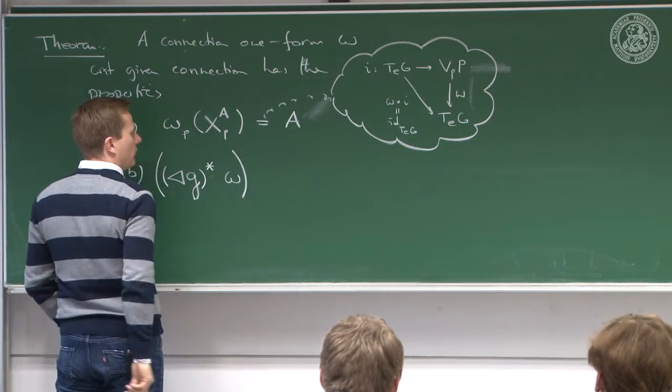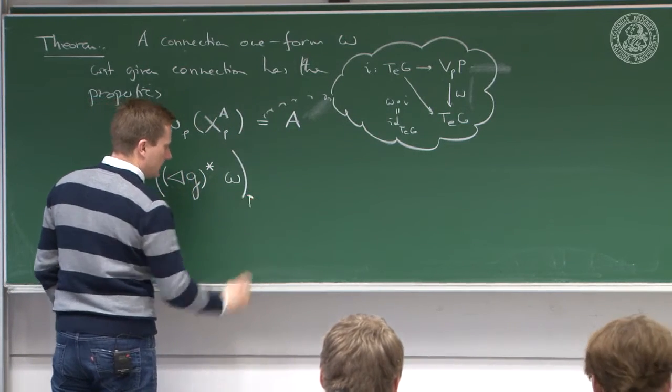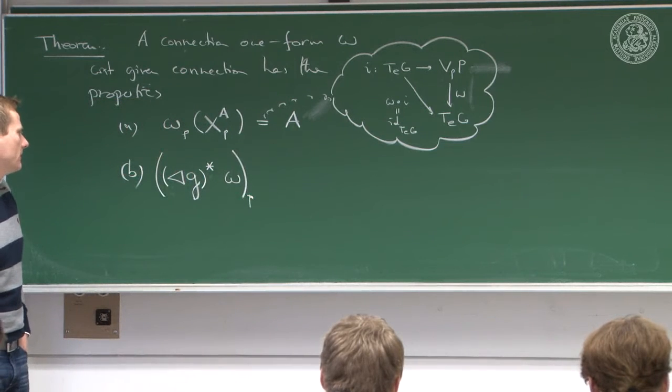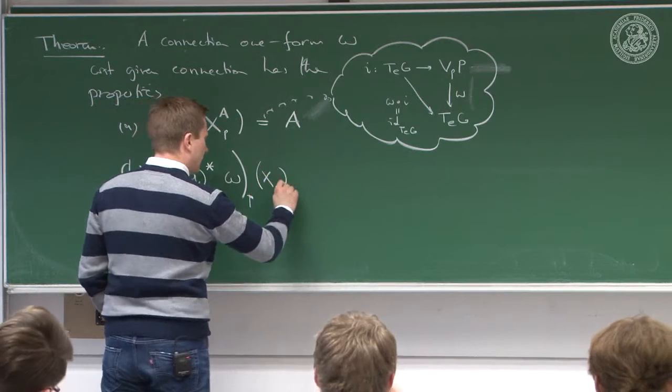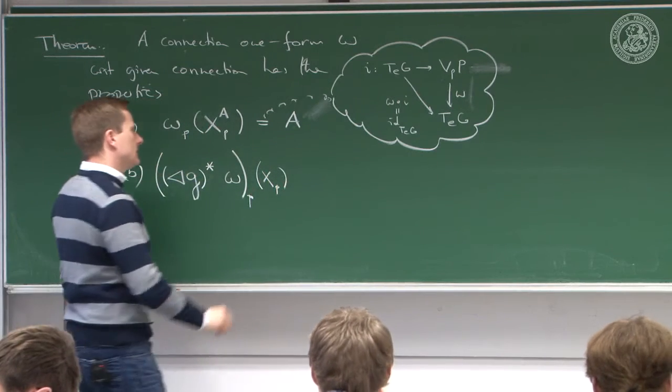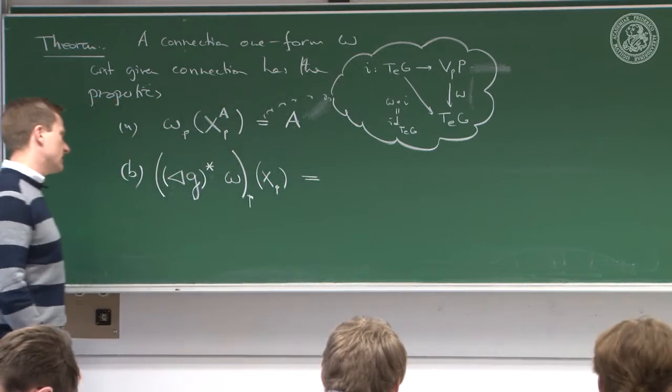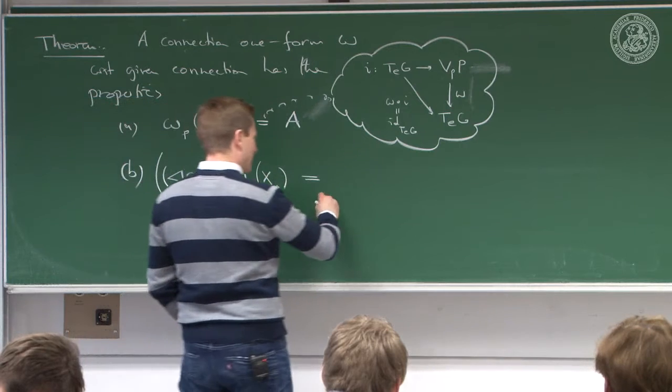And so if you take the pull back of the one form and look at it at the point P, and then you can plug in a vector X_P, then the property is, at first sight it looks a little complicated.